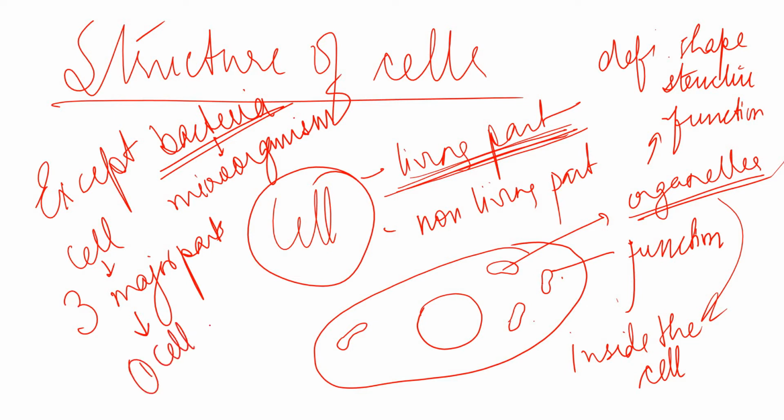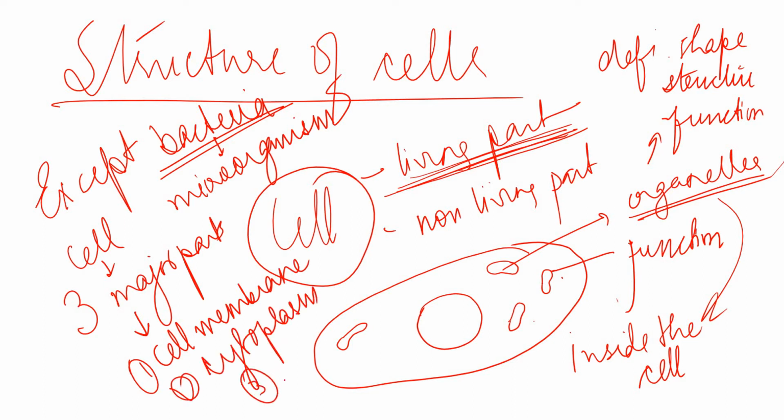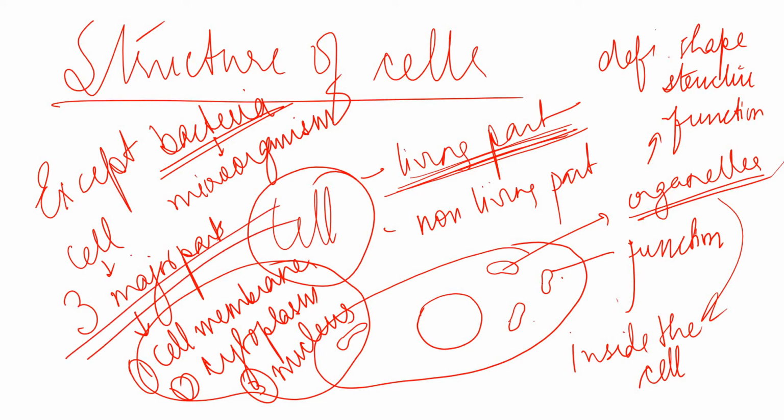Number one is the cell membrane, number two is the cytoplasm, and number three is the nucleus. These are the three major parts found in the cell, but you have to exclude bacteria, which is a microorganism. They do not have all these three parts.